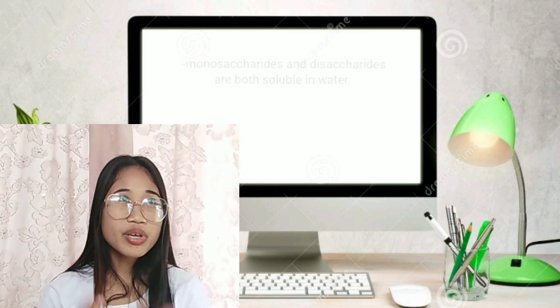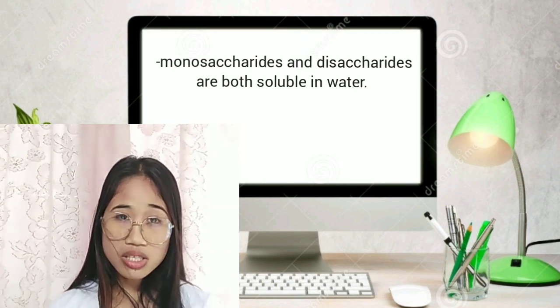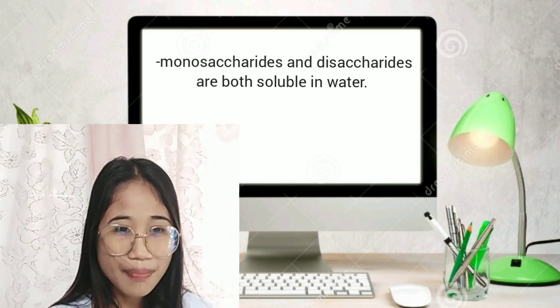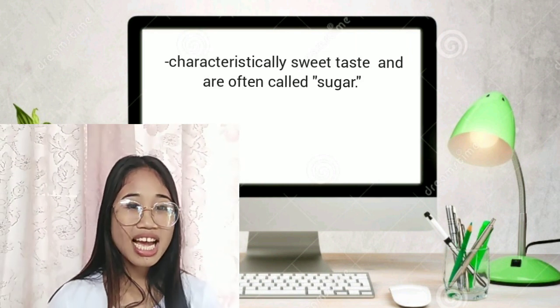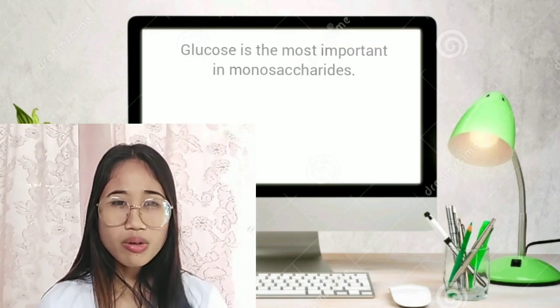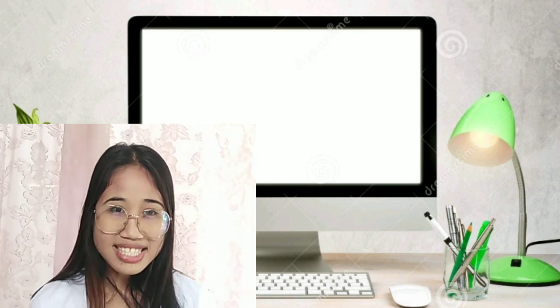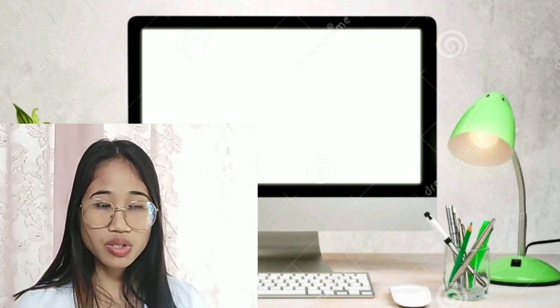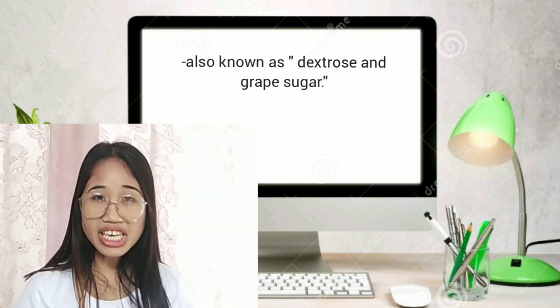Okay, so monosaccharides and disaccharides are both water-soluble carbohydrates, and they also have a characteristically sweet taste and are often called sugars. Glucose is the most important monosaccharide, also known as dextrose and grape sugar.